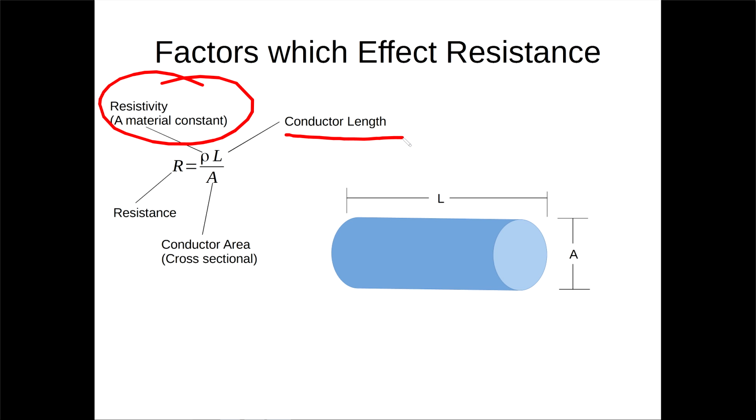They know the exact length that conductor will be wrapped into that resistor, and then they make that conductor a very precise cross-sectional area. So they control those three factors very tightly, and they can get an element inside that resistor, a wire or a piece of carbon or whatever that material is, to add up to a very precise resistance. And that's how you get something like a 1K resistor or a 10K resistor.